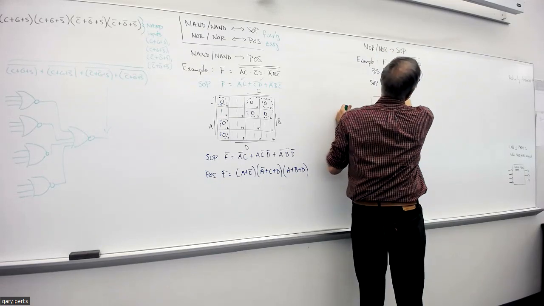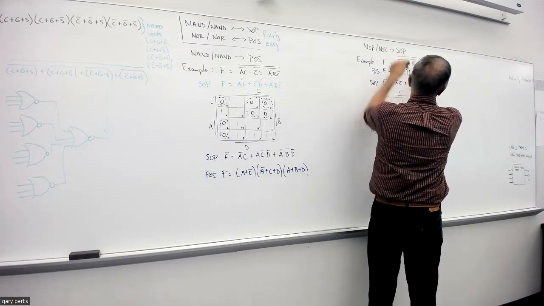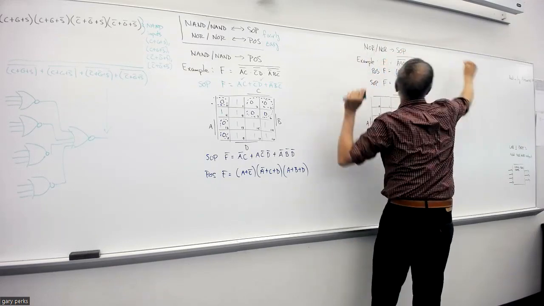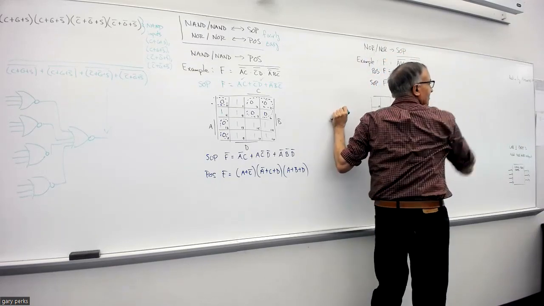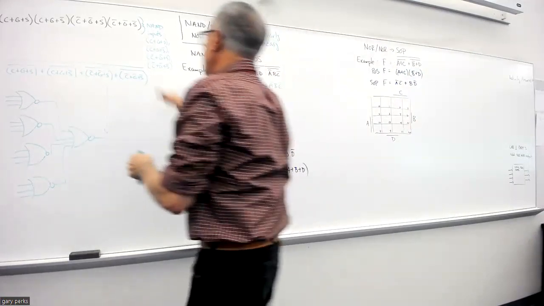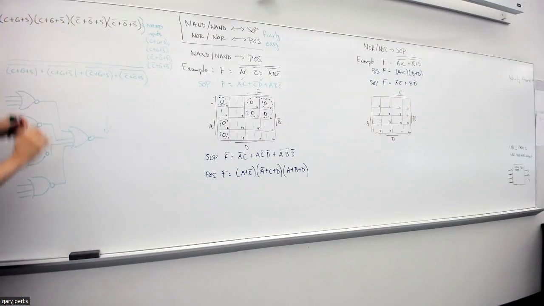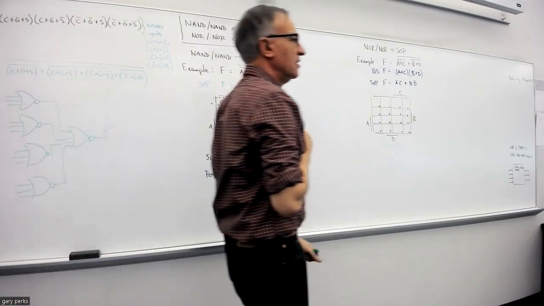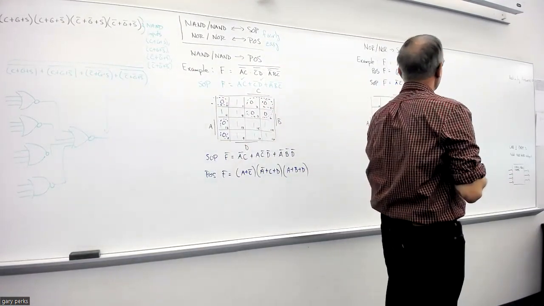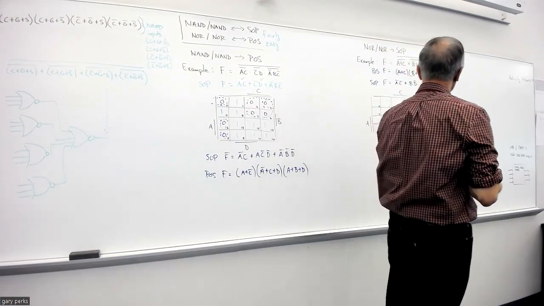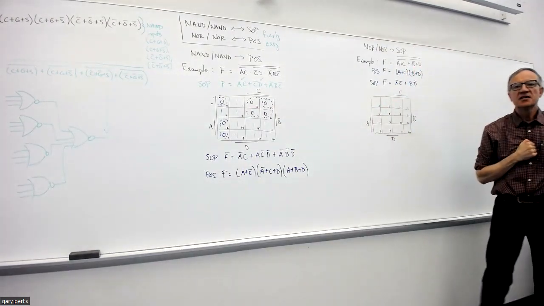Because see, this term is a NOR, this term is a NOR, then those two NORs would be ORed and the whole thing inverted. Just like this example we did here, right? That we started with POS. So you want the POS from the NOR. Right, exactly, yep. Any other questions?